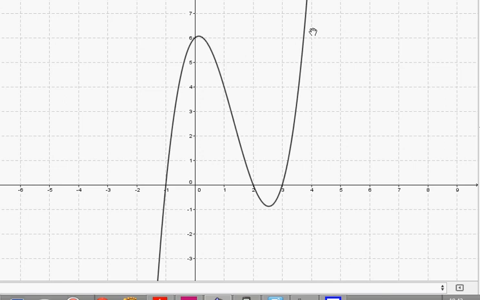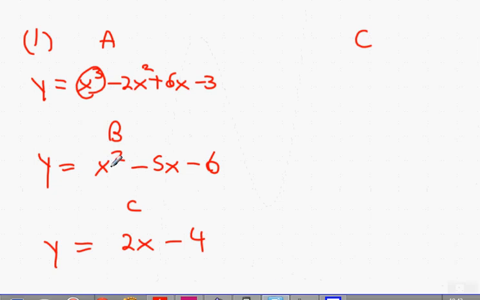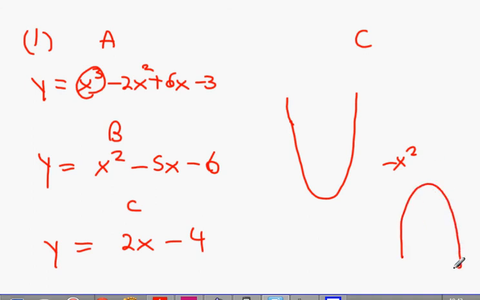X to the power 3 has 2 turning points, okay? Quadratic equations, like this one here, y equals x squared minus 5x minus 6, they usually only have 1 turning point. If it's a minus x squared, it's going to be an n-shaped graph. Plus x squared, u-shaped. Minus x squared, n-shaped. If it doesn't have an x squared in it, straight line. Is that alright?